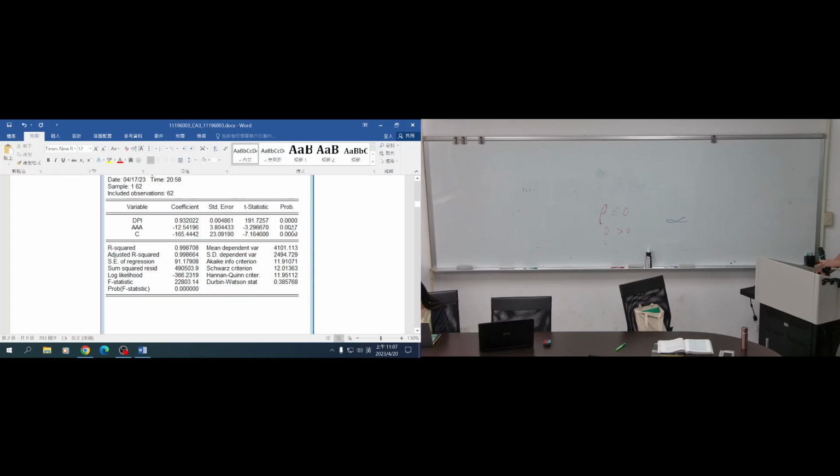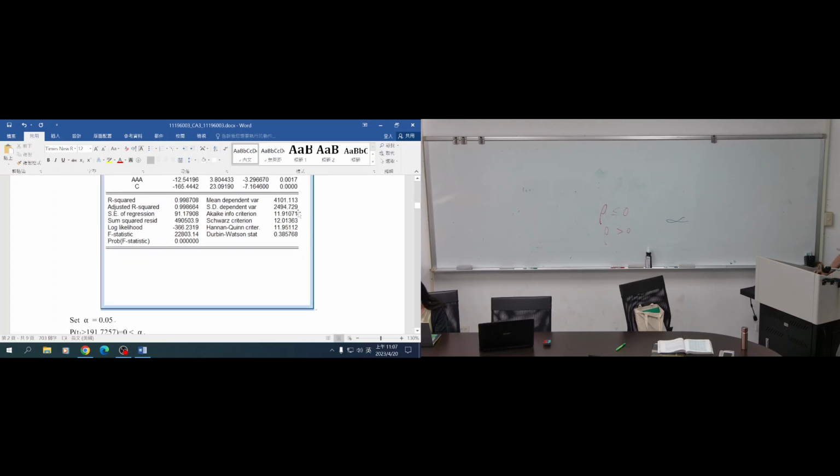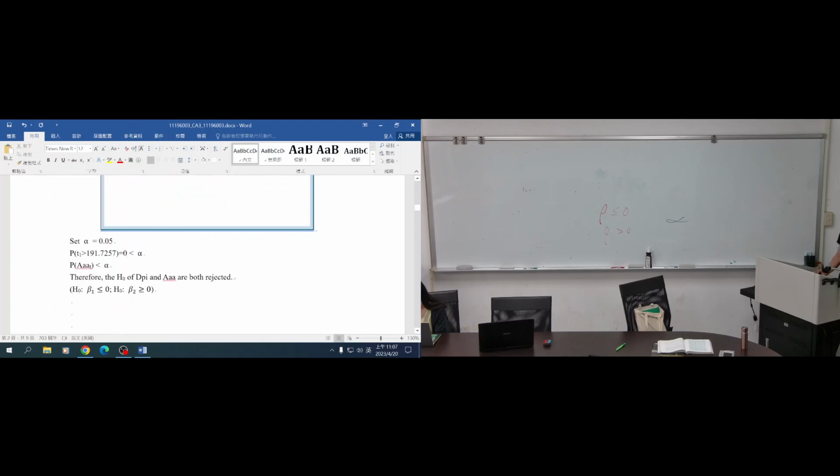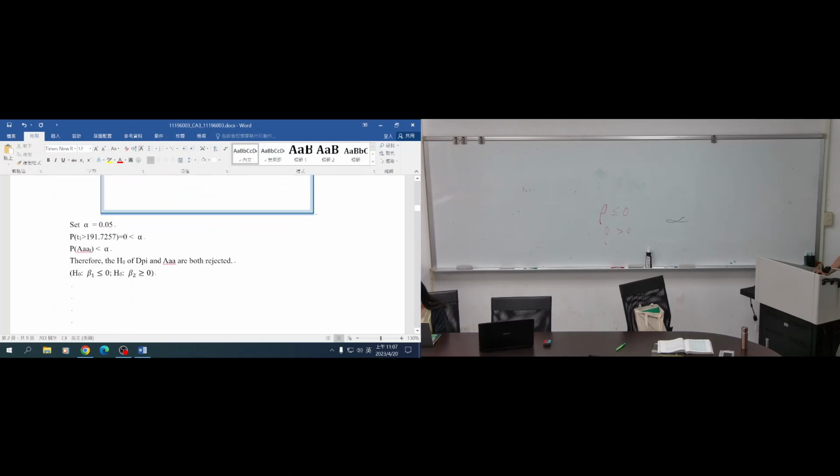So for the next one, for AAA, I should write the same thing. Okay, this is the official way, and the P here, since it is all an equation, has to be inside the equation. You should write this in equation form instead of word form.